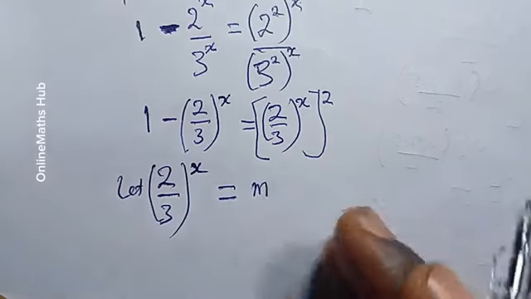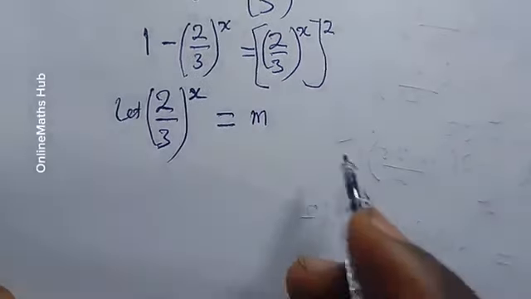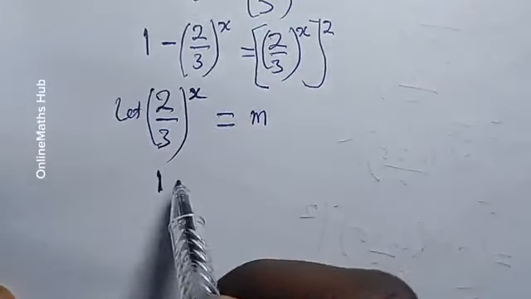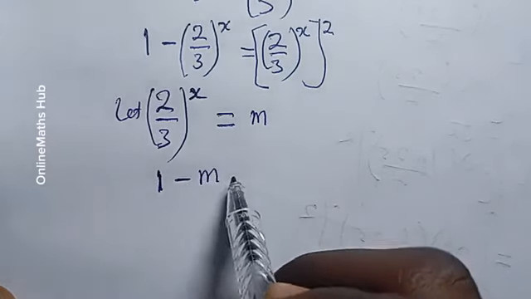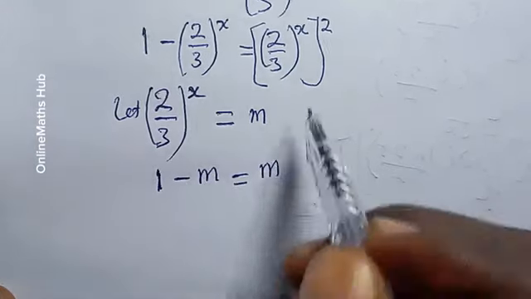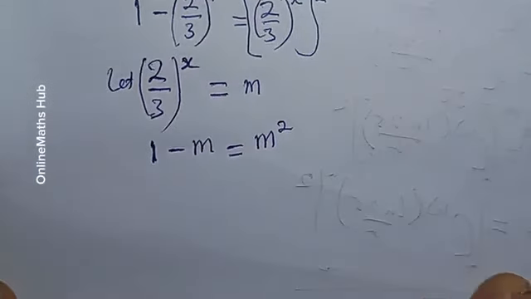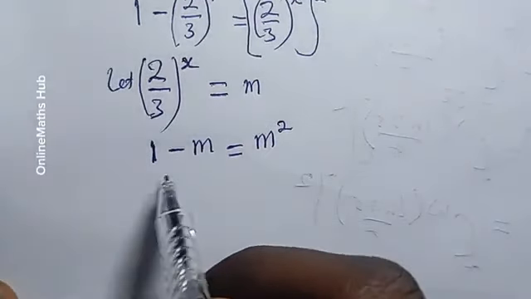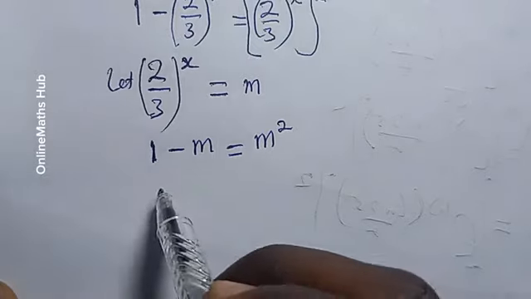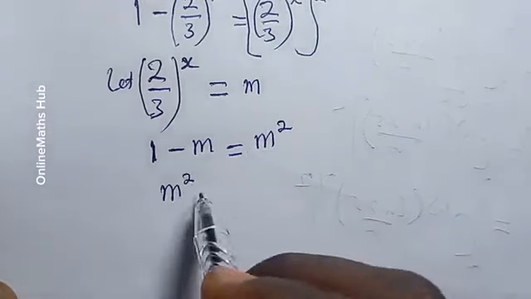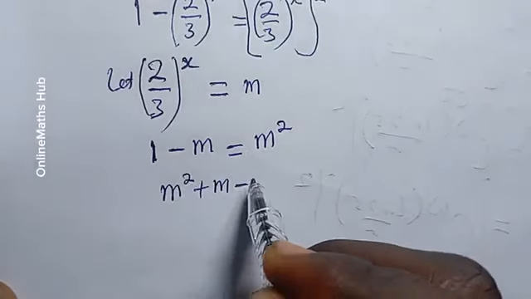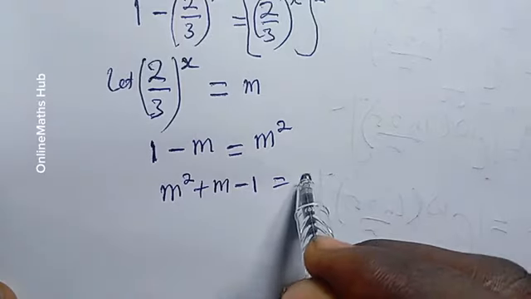Let 2 divided by 3 all raised to power x be equal to, let's say, m. And if that be the case, what I'm going to be having is 1 minus m is equal to m raised to power 2. So if I rearrange everything, I'm going to be having that m squared plus m minus 1 is equal to 0.